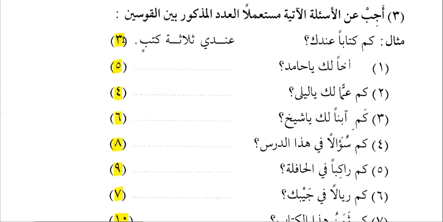So for example here it says it has ثلاثة in between the brackets. So the question would be كم كتابا عندك? How many books do you have? So we use this number 3 and we say عندي ثلاثة كتب. I have 3 books. نعم. جيد.